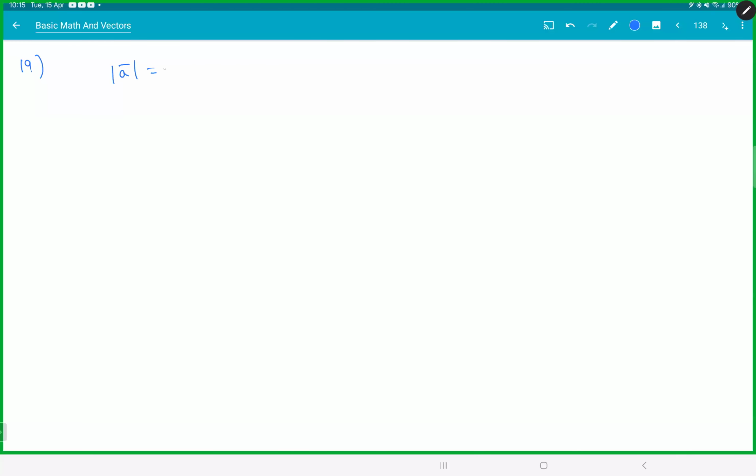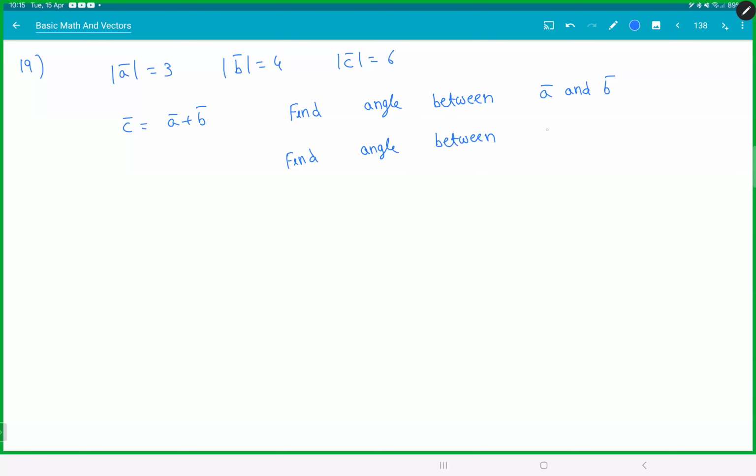Let's say mod A bar is 3, mod B bar is 4, mod C bar is 6, and C bar is A bar plus B bar. Find the angle between A bar and B bar. So when you add A plus B, you get C. That is the meaning of it. Find the angle between A bar and C bar.